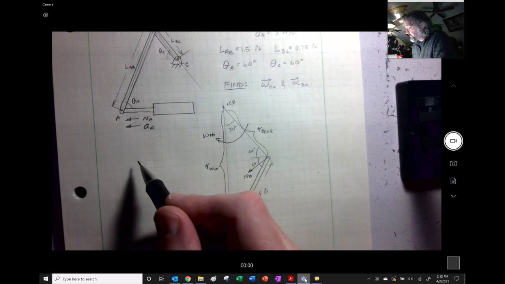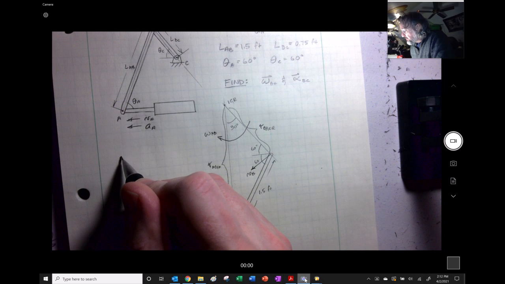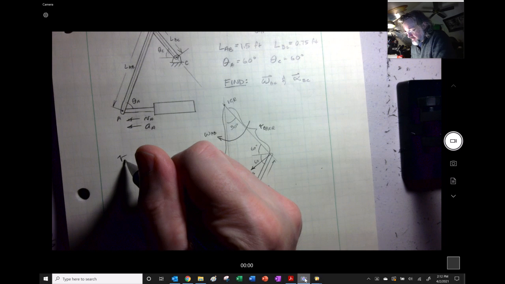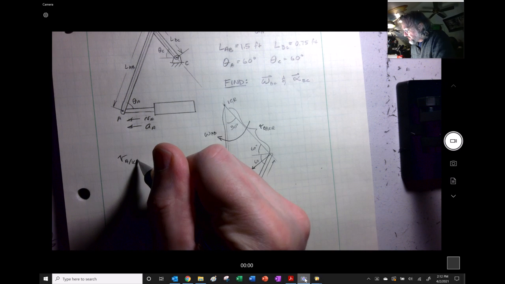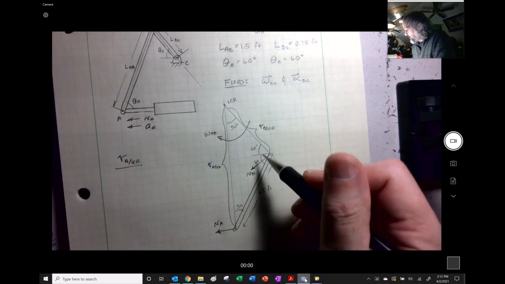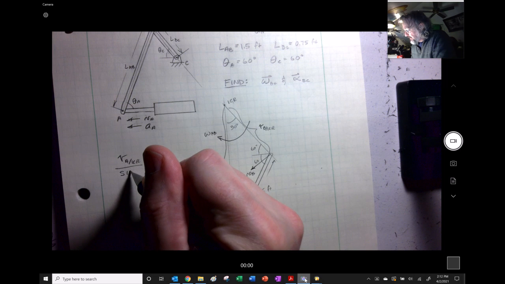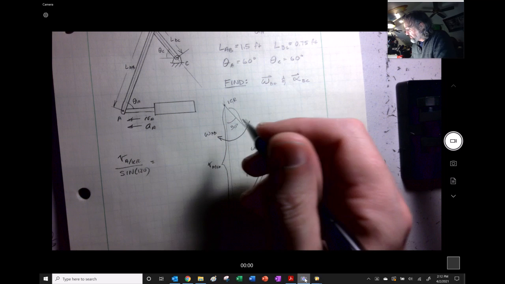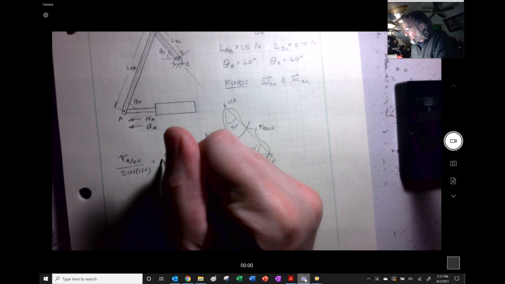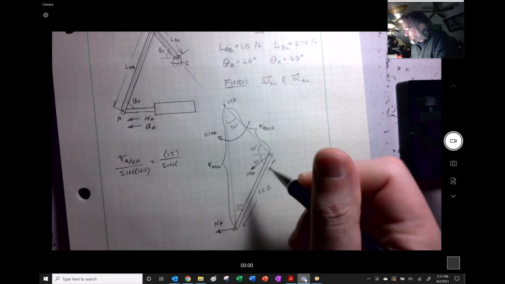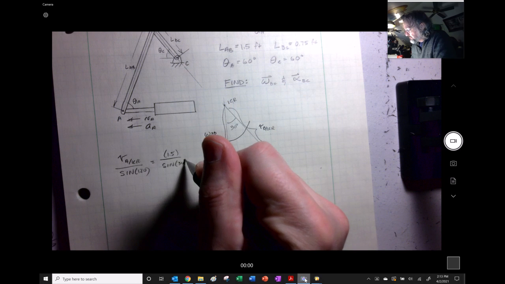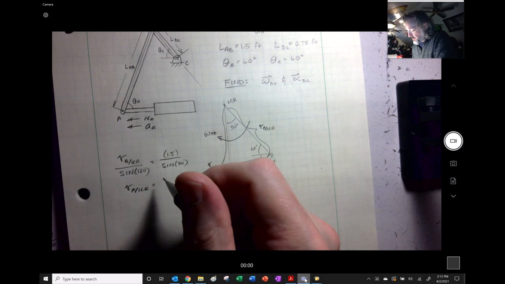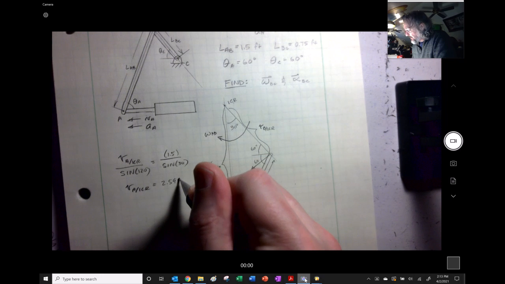So I'll do the work over on this side. Say that R, I guess A with respect to ICR, that's really what I need. It's going to be divided by the sine of 120, and this is going to be 1.5 divided by the sine of 30. I work that out, and I get 2.598 feet.